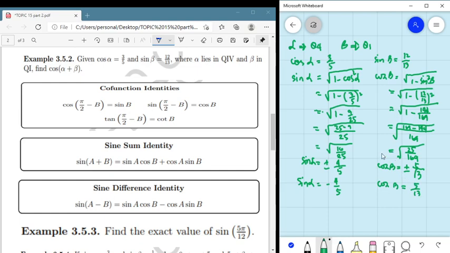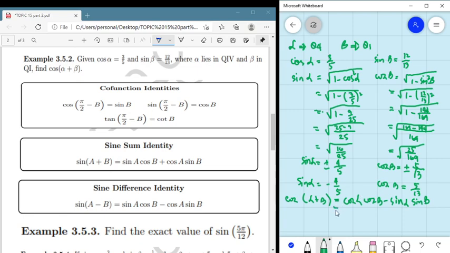To find cosine of alpha plus beta, this will be the same as cosine alpha cosine beta minus sine alpha sine beta.